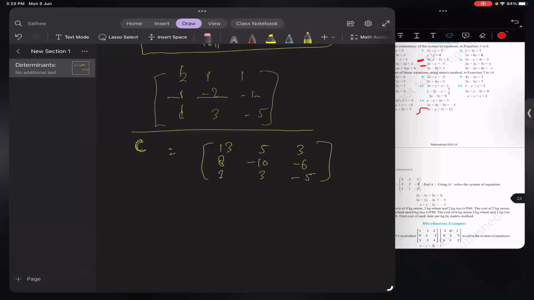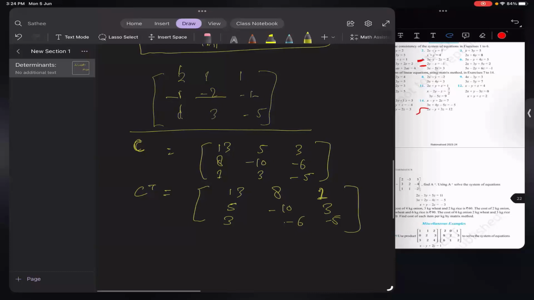Now we take the transpose of this matrix. The transpose would be 13, 3, 8, then 1, 5, minus 10, and 3, 3, minus 6, minus 5. So this is the adjoint of A.